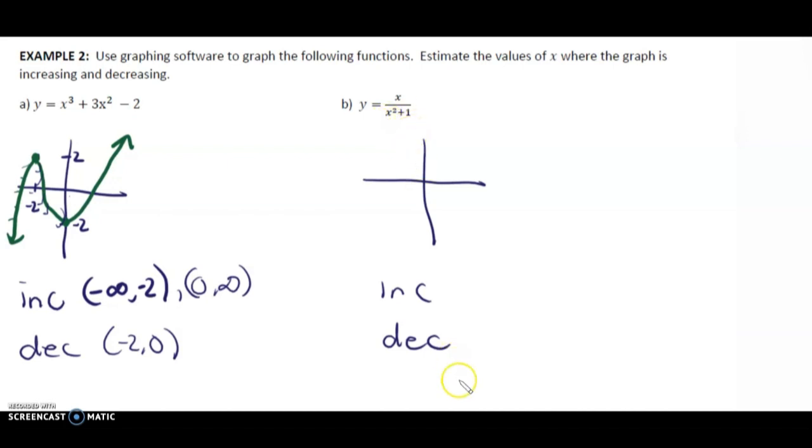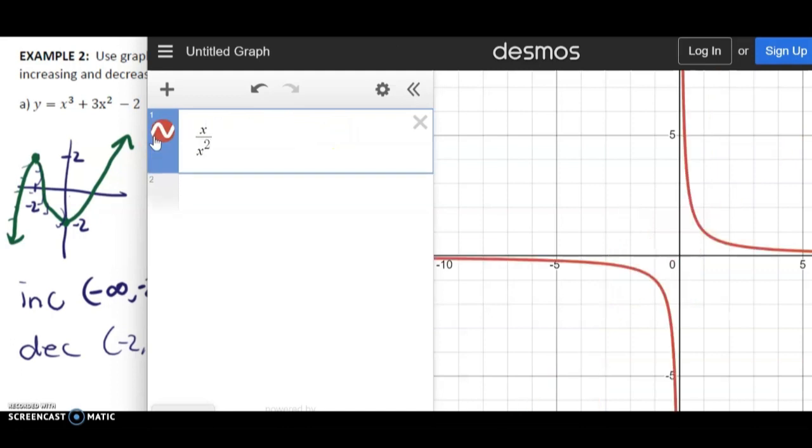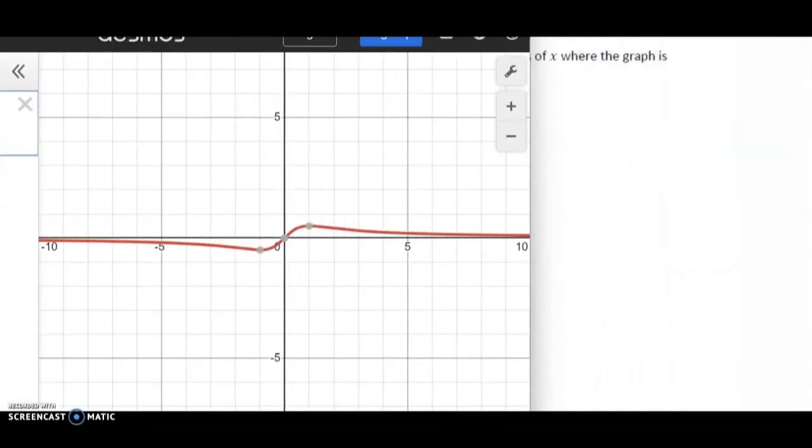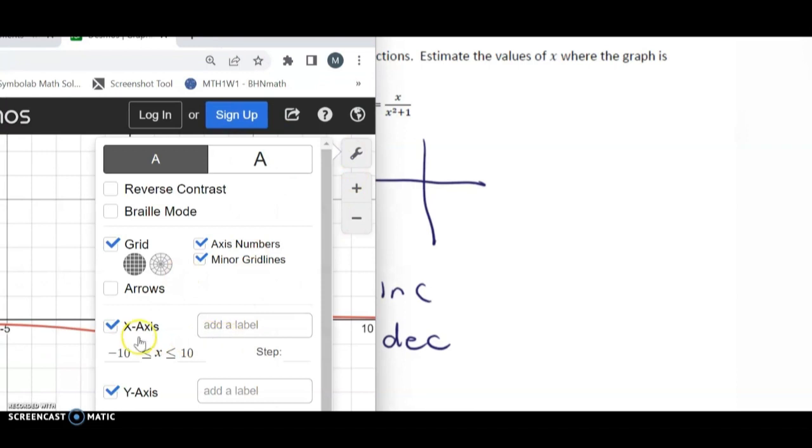Okay, now we have x over x squared plus 1. If we bring up Desmos, we can do x over x squared plus 1. Okay, I'm going to go ahead and change the y-axis.